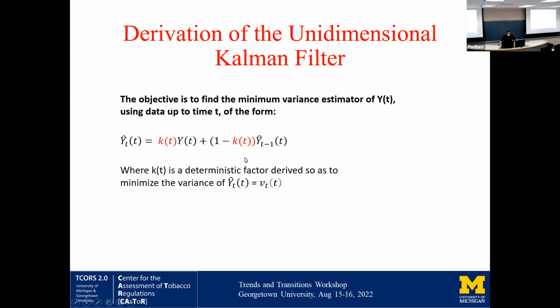As I told you, we are going to find k. That is different depending on the time, and this weight is going to weight the observations versus the projection of the system, right? It is a deterministic factor derived to minimize the variance of this estimator here.